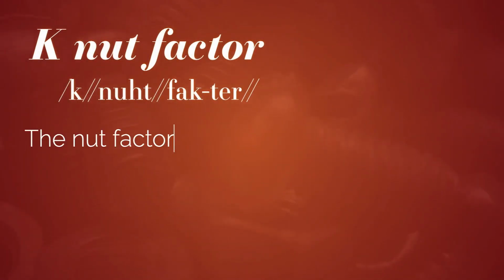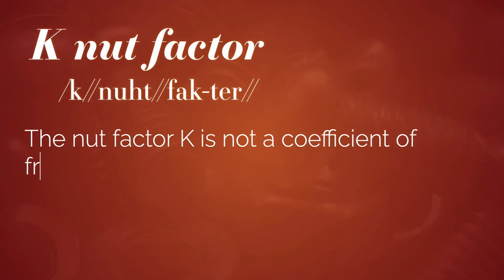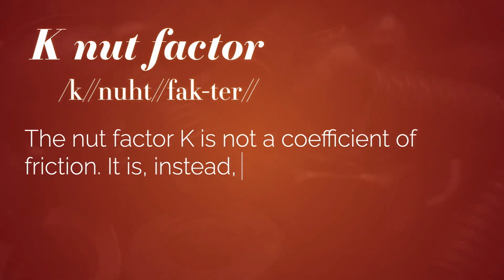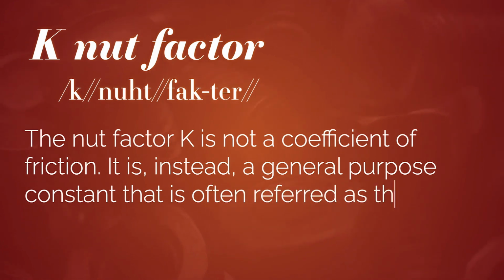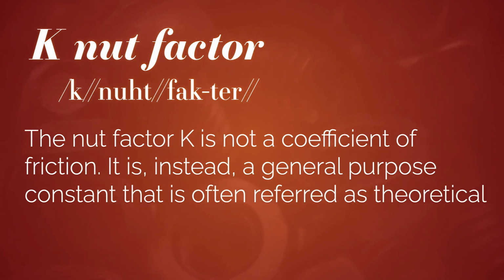Again, this is a constant that is used for the coefficient of friction, and it's a general purpose, theoretical value, meaning that you can start here with this value, but your results may vary as it relates to your particular application.